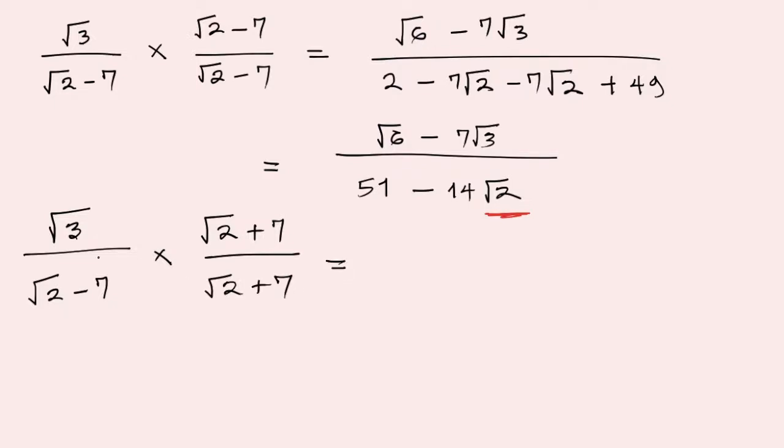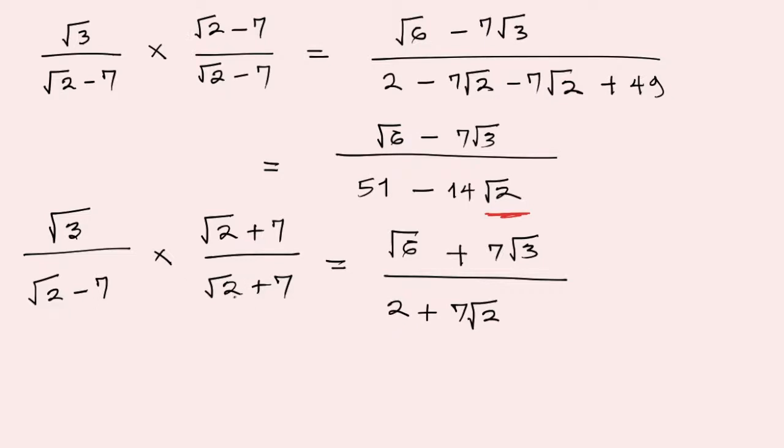If we solve this, we would have that root 3 multiplied by root 2 is equal to root 6 plus 7 root 3, which is root 3 multiplied by plus 7. Now the denominator, root 2 multiplied by root 2 becomes 2. Root 2 multiplied by plus 7 is equal to plus 7 root 2.